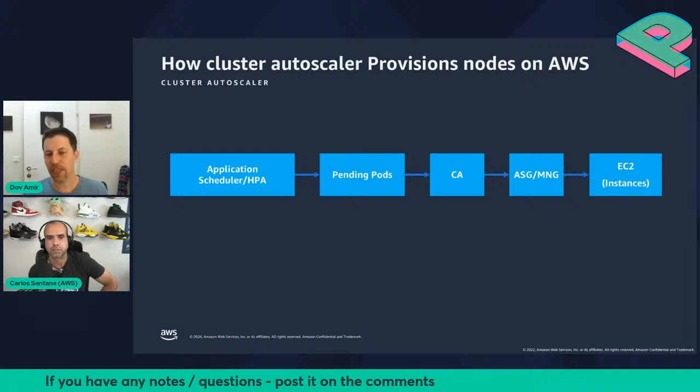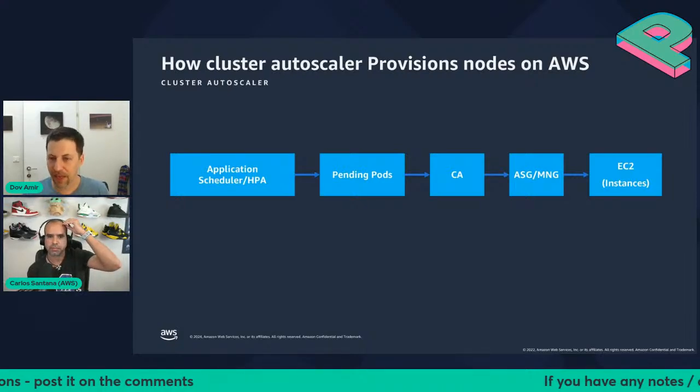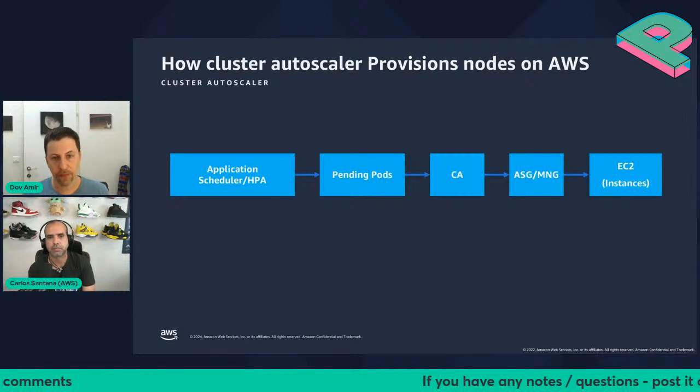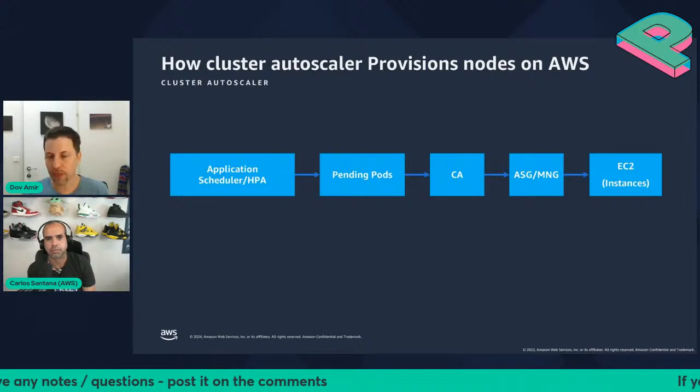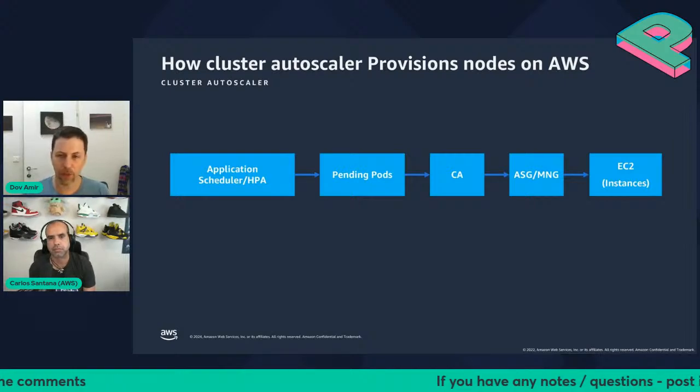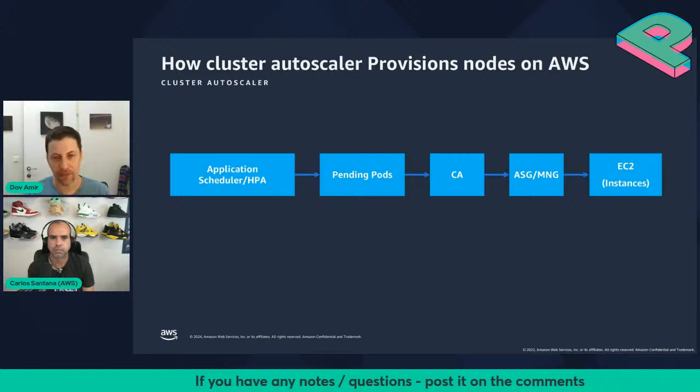You can't mix instances of different types. The best practice is to use instances of the same type in a managed node group. Also, a managed node group can be either on demand or spot. You can't tell it, okay, give me spot, but if there's no spot, I want the same managed node group to give me an on-demand instance instead.